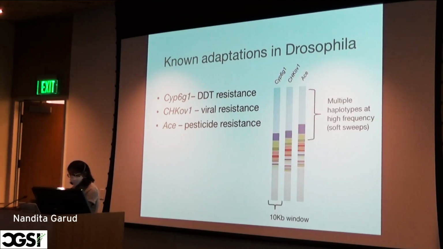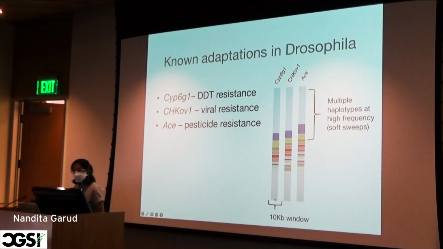Let's take a look at what their genomic signatures look like in Drosophila data. So what I have here are haplotype spectra, and so going down, we have this first haplotype present in about 50 individuals, the second one maybe in about 15, and so on.